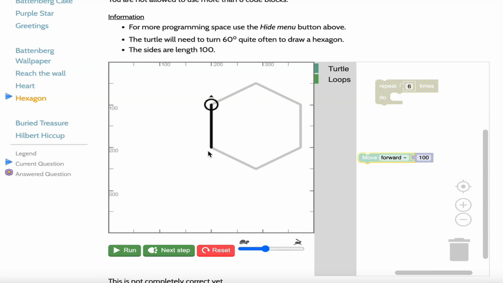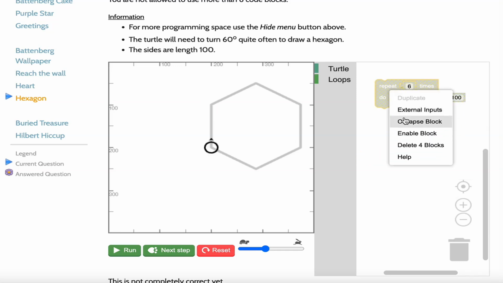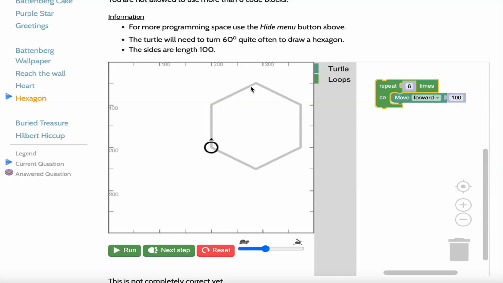As you can see, I have moved the correct amount of movements to create one of the lines in my hexagon. Now, this means I definitely need to move forward by 100 6 times, but in between each movement forward, I also need to turn at a certain angle in order to create the correct move and turn in order to create my final shape.